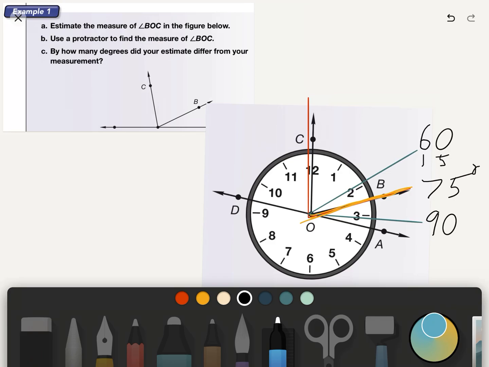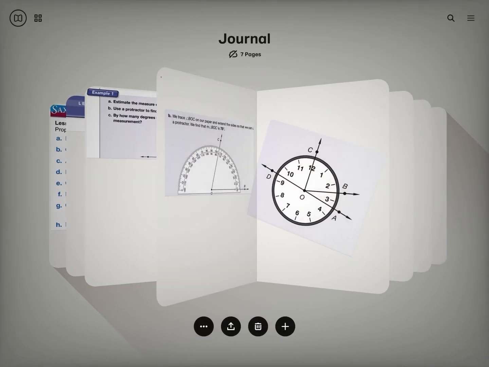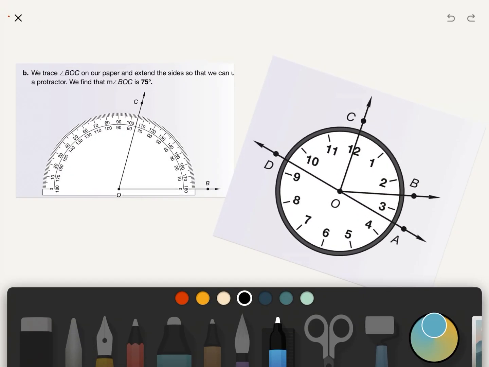So they went through a bunch of things to explain why their estimate was 72 degrees, but I don't really see that. I think it's very obviously 75 degrees. But using their protractor, they measured it at, indeed, exactly 75 degrees. But I think that we can estimate it just fine using our clock.